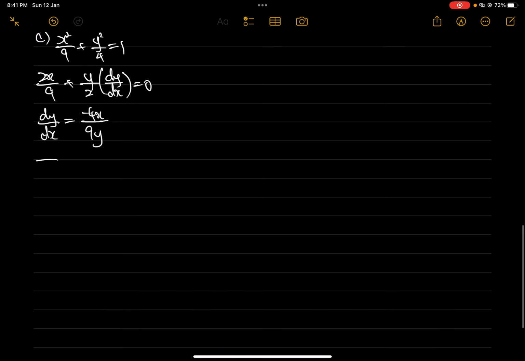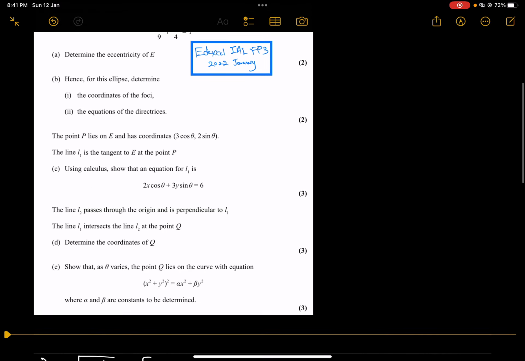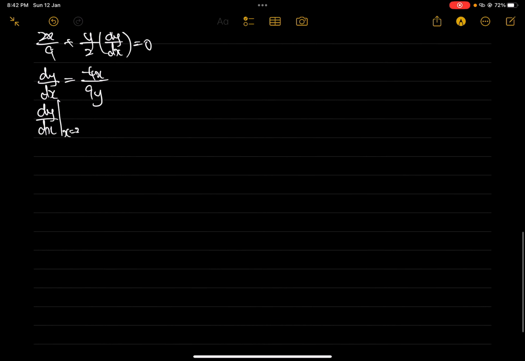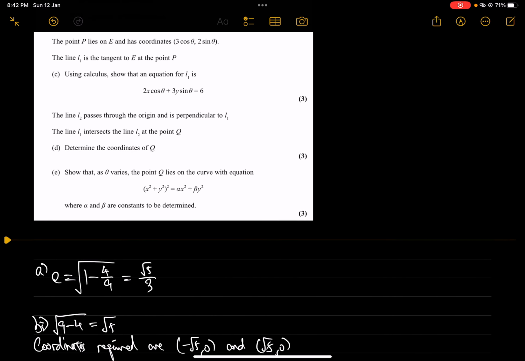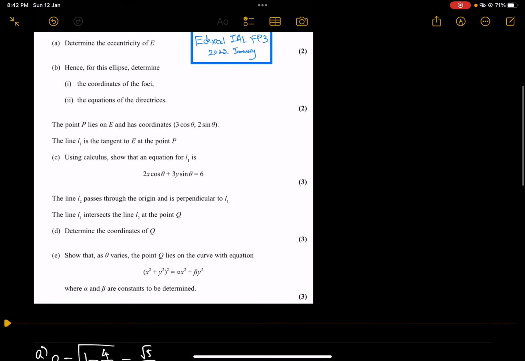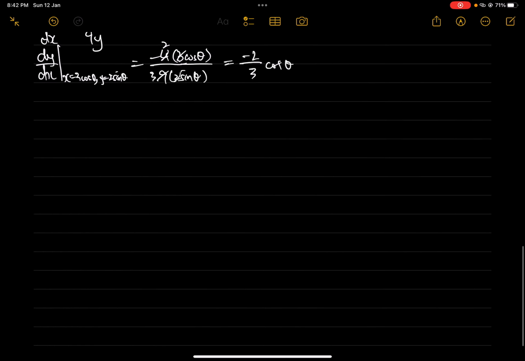So putting in all of the coordinates, we find that this is negative 2 over 3 cotangent theta. This is the slope for L1. And so we could find L1 as follows.